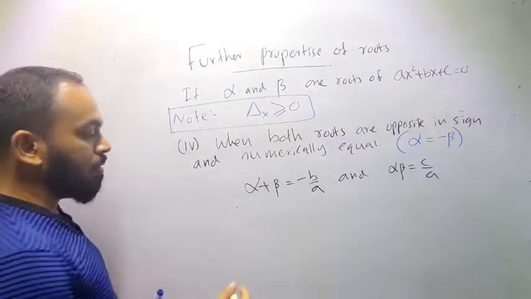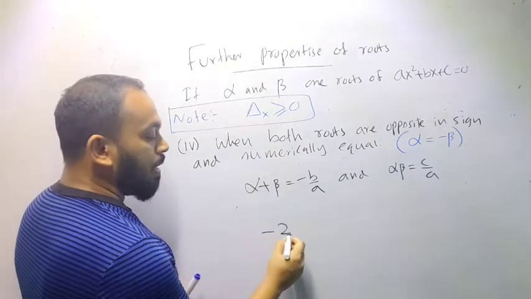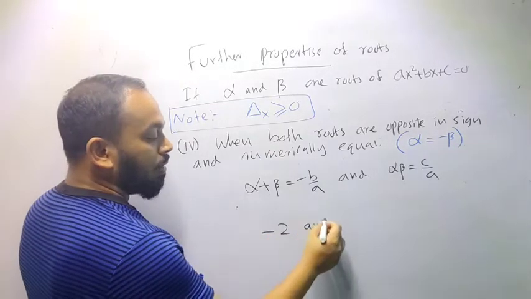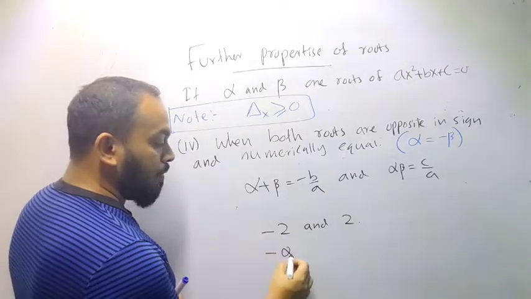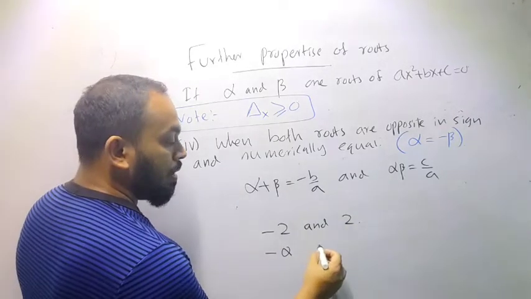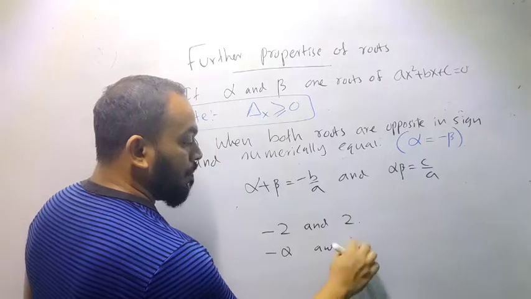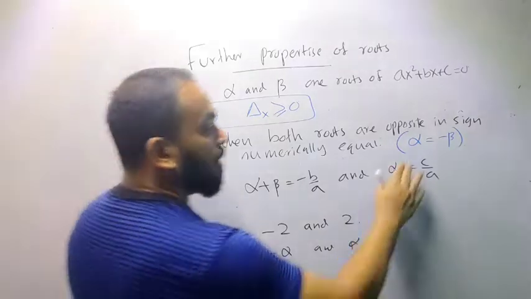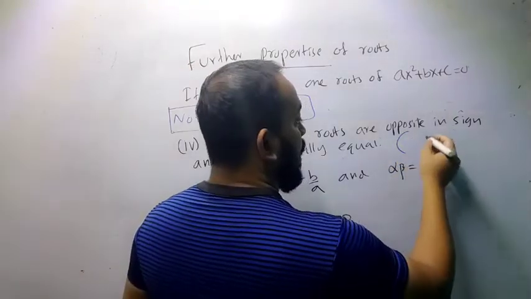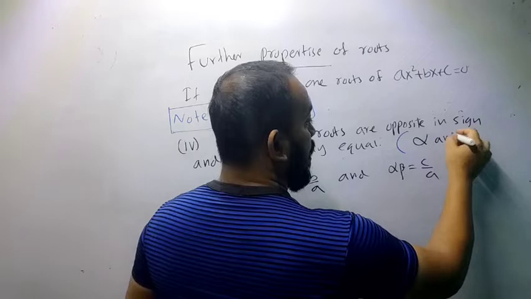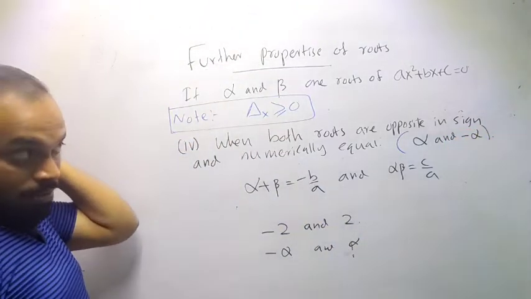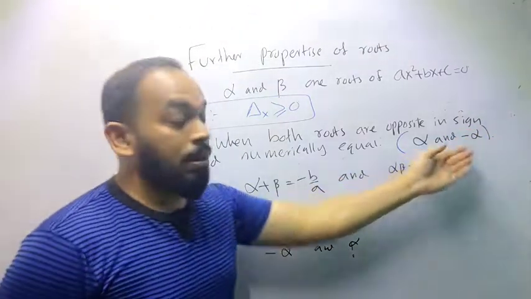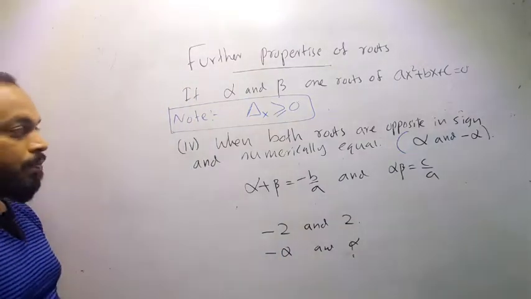For example, if one root is negative 2, the other root is positive 2. Let me just rewrite it like this: alpha and negative alpha. This is clear to you.